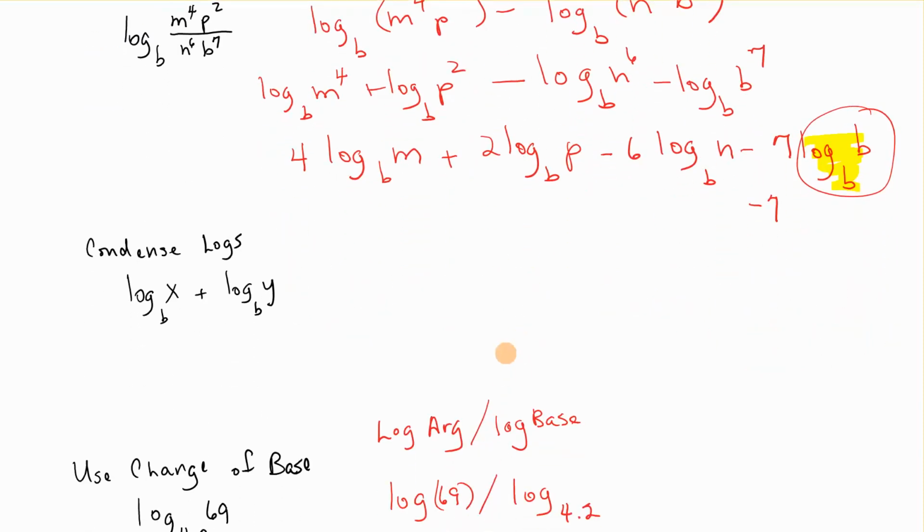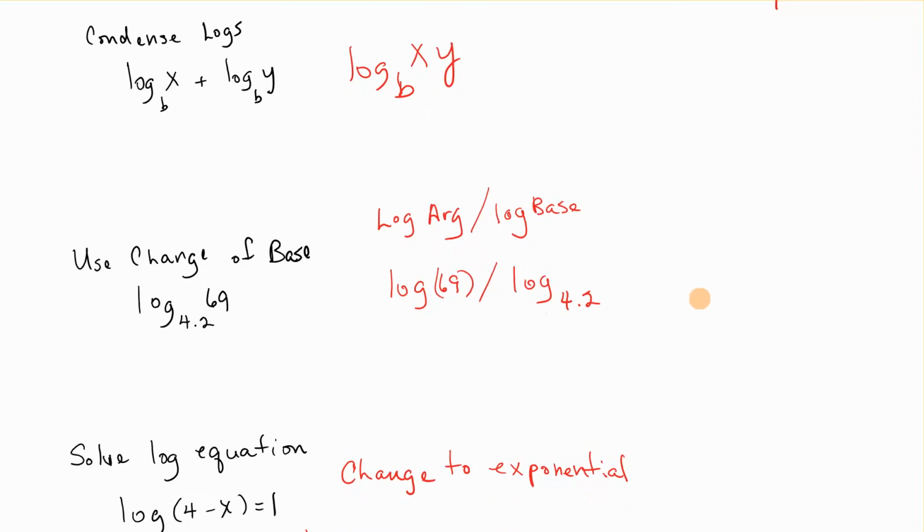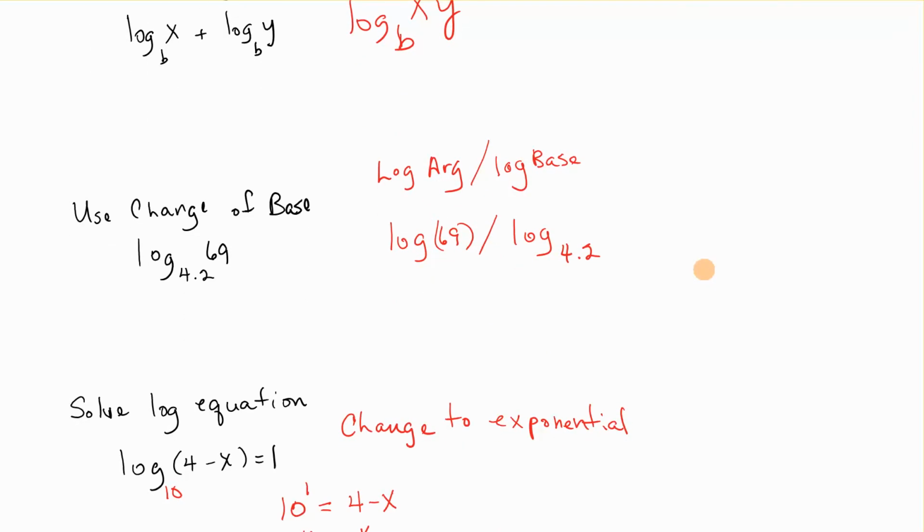All right, condensing logs, we go the other way. Addition becomes multiplication. So that would be log base b of xy. Okay. What if we had to do a change of base? That's the log of the argument over the log of the base, because we don't have a log key that has a 4.2 base.